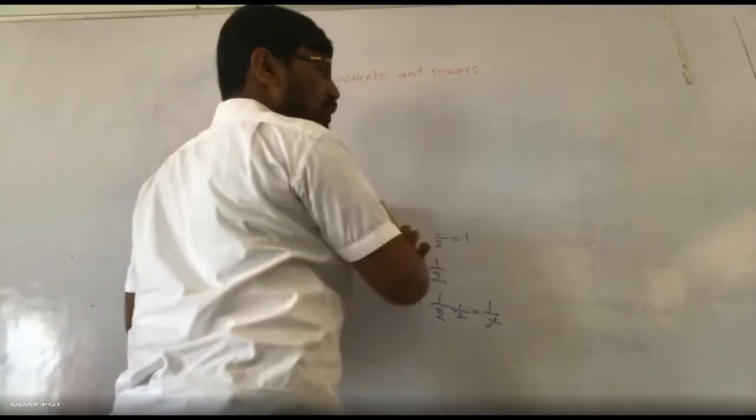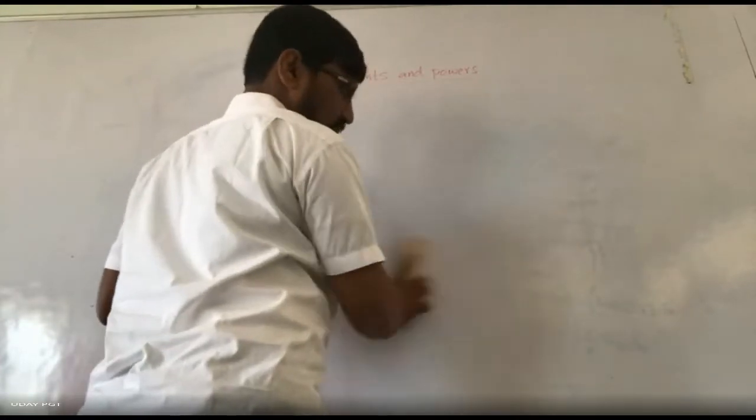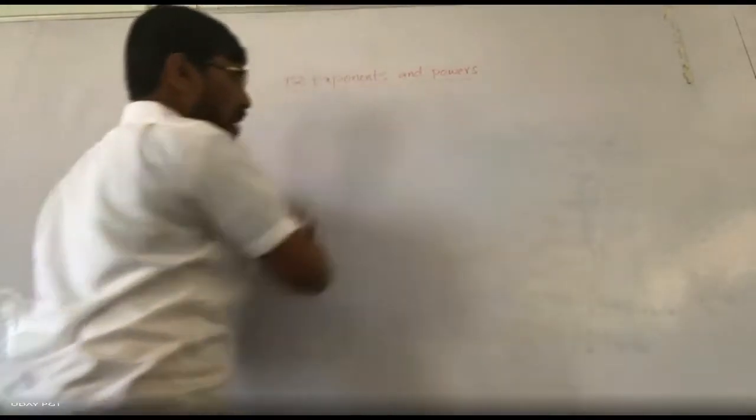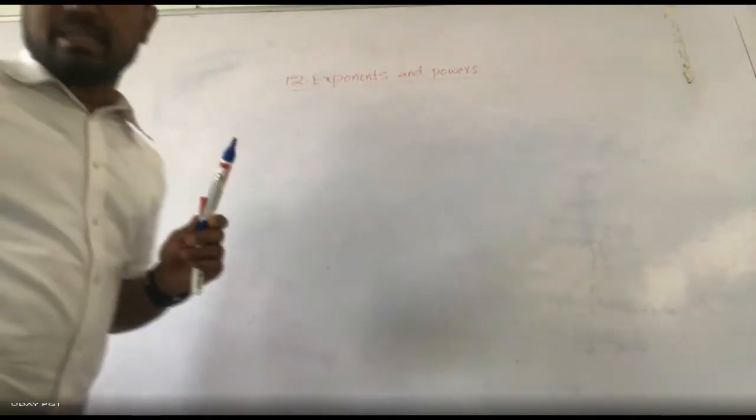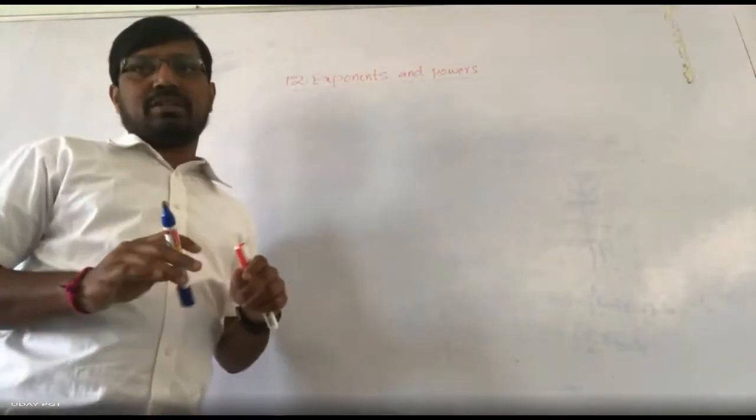Whenever we decrease, sir, we have to divide it, sir? Whenever we decrease a number, we have to divide it. Yes, obviously. Observe the pattern, how it is getting, and from that you will get it.